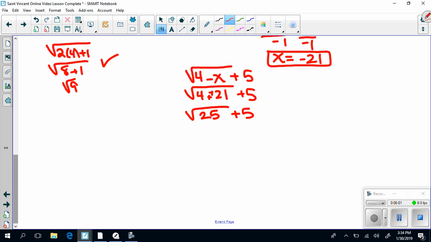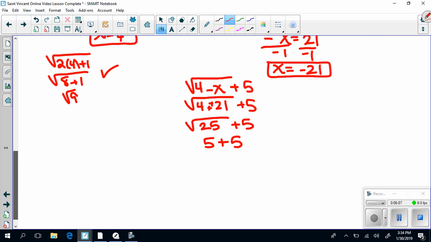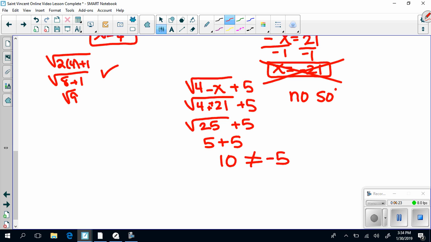What's the square root of 25? 5. Wait a minute, 5 plus 5 is 10. I needed a negative 5. That does not equal negative 5. So therefore, this is an extraneous solution. There are no other solutions, so this one actually has no solution.